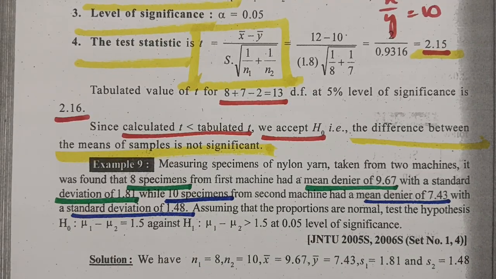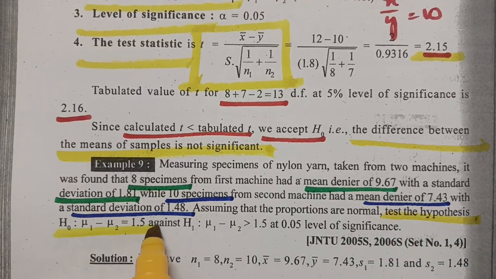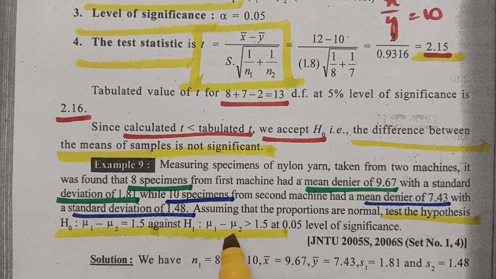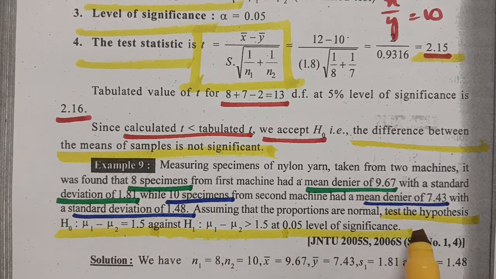Assuming that the populations are normal, test the hypothesis H naught: mu1 minus mu2 is equal to 1.5 against H1: mu1 minus mu2 is greater than 1.5 at 0.05 level of significance.